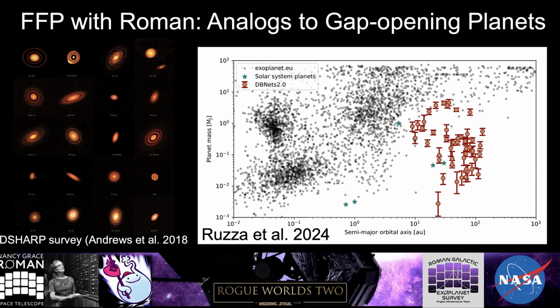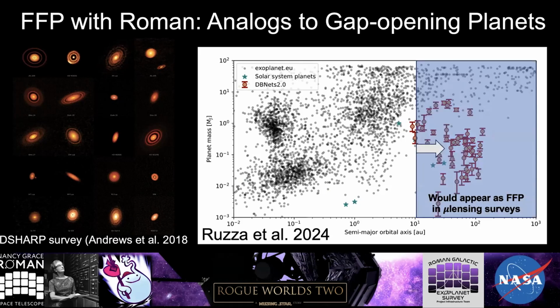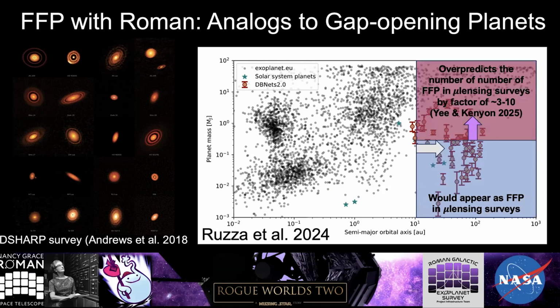And so these would be analogs to the ice giants in some sense. Microlensing would detect these as free-floating planets. So all of these would appear as free-floating planets. And Yi and Kenyon showed that everything with mass above here would actually violate the constraints from the SUMI, the MOA, and KMT net free-floating planet yields.